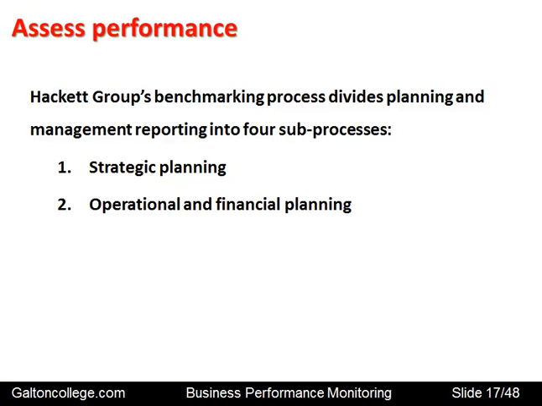Then we've got operational and financial planning, which is more short-term and more internal and more routine. It's dealing with the internal budgets. It's dealing with the internal performance of the business.